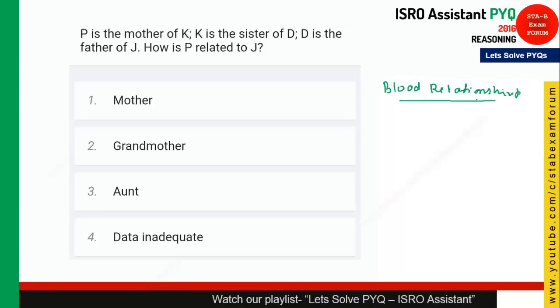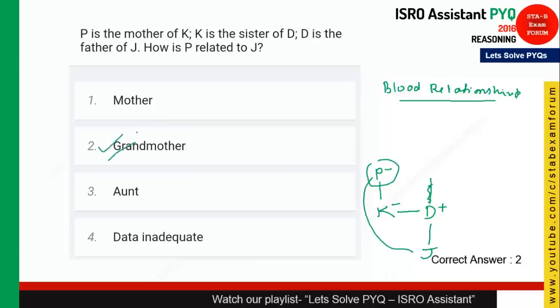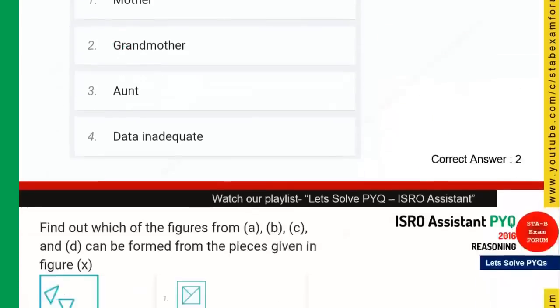So P is mother of K, and K is sister of D. D is father of J. How is P related to J? As you can see, there is one generation in between, so P should be grandmother of J. So option 2 is the right answer.